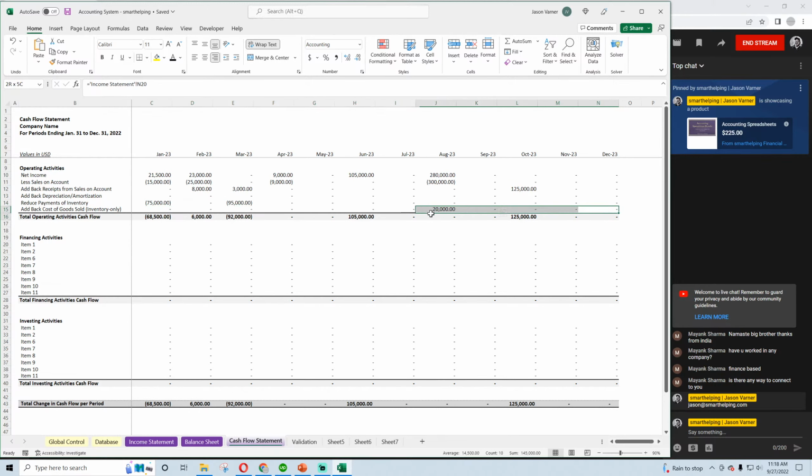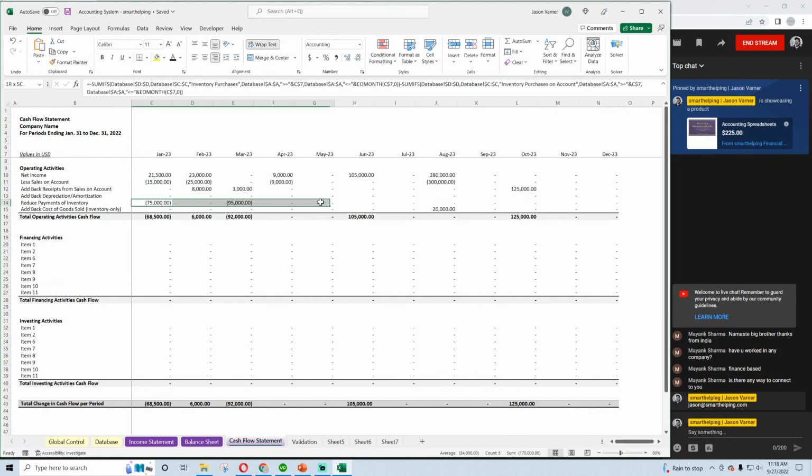So this is the cost, and again, these numbers don't make sense as far as when they're happening, but the fact is they're balancing out. So if I have these cost of goods sold hitting every month for inventory when I sell stuff, we have to add that back into net income because the actual payment that's going out to that inventory is happening here. So we don't want to double count it.